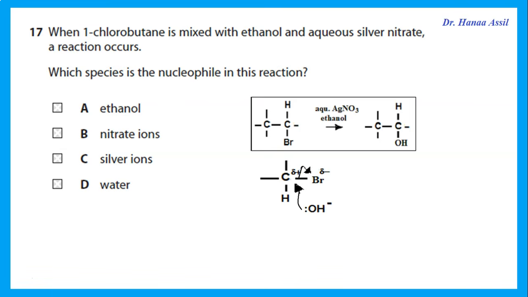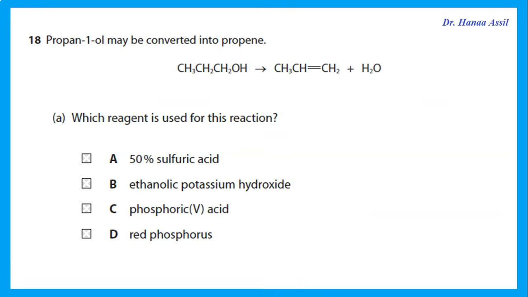What we're doing is hydroxide ions from the water are attacking the slightly positive carbon to release the halogen, bromine or chlorine. So this is the nucleophile in the reaction.